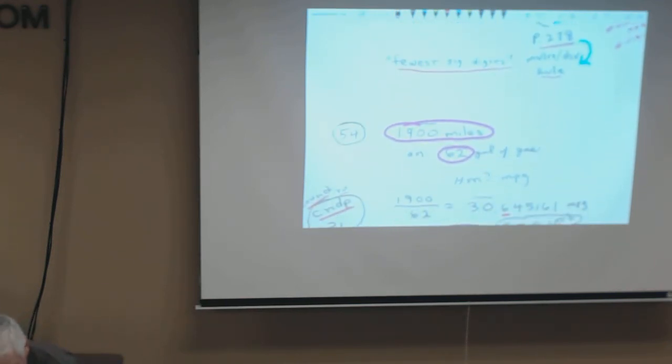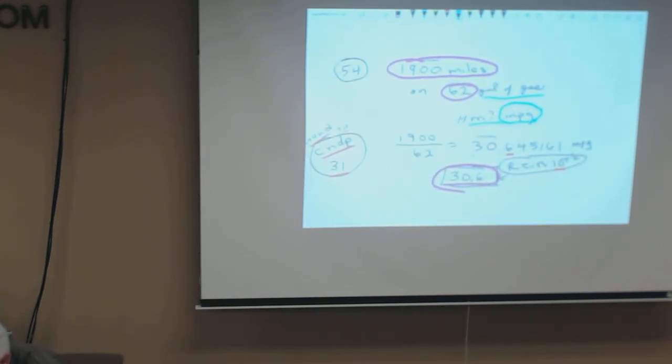Number 54. Lionel drove 1,900 miles with 62 gallons of gas. How many miles per gallon did he get? I just divide the total miles by 62, and I get this big number right here.